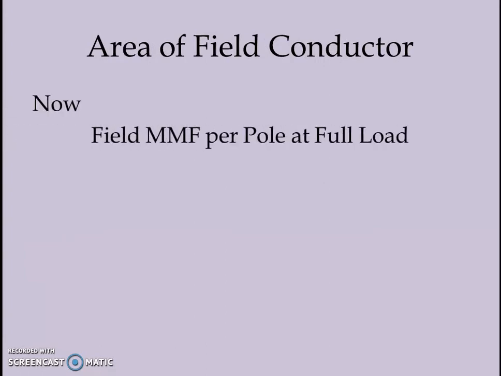Now, field MMF per pole at full load. In the previous lecture we have seen how field MMF at no load can be calculated, and from that value, with the help of the phasor diagram, we are able to calculate the field MMF per pole for full load. So that value is known, and that is ATFL.